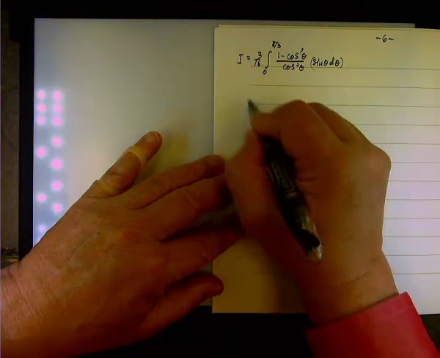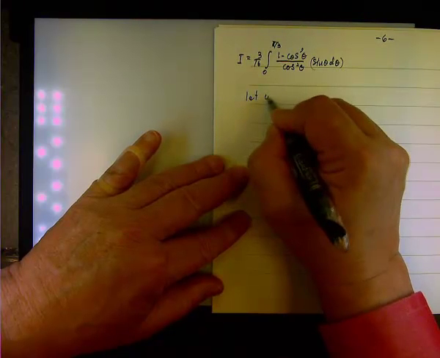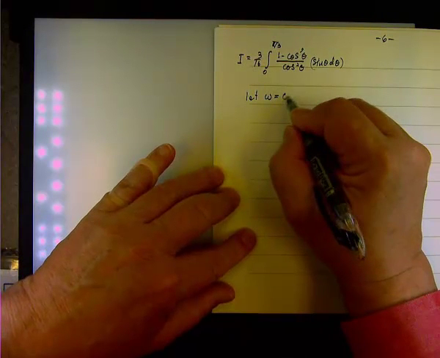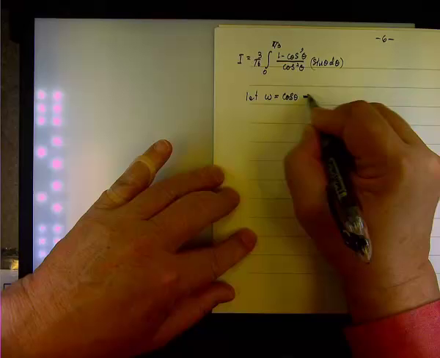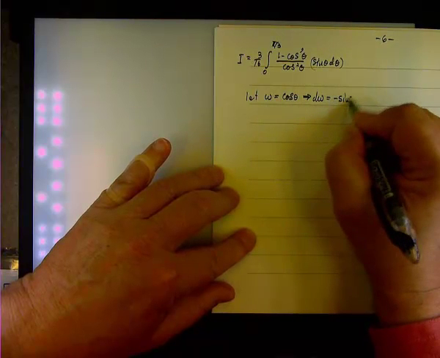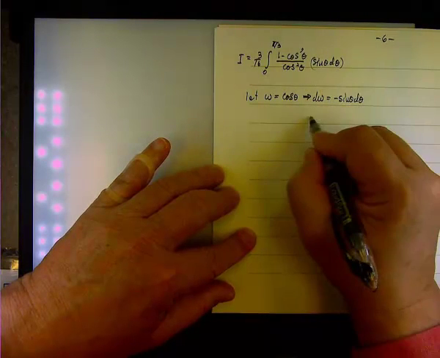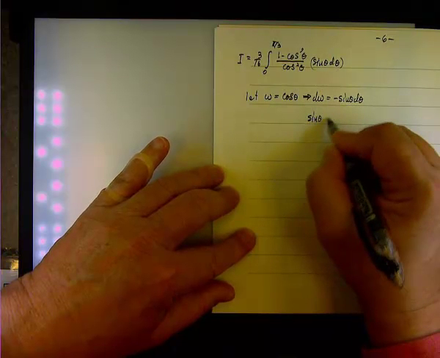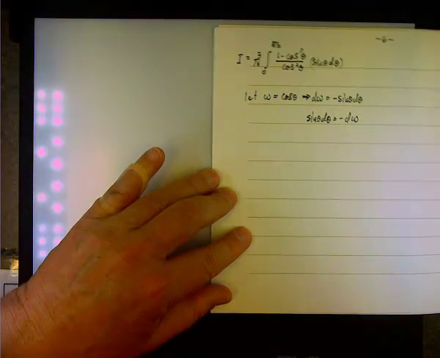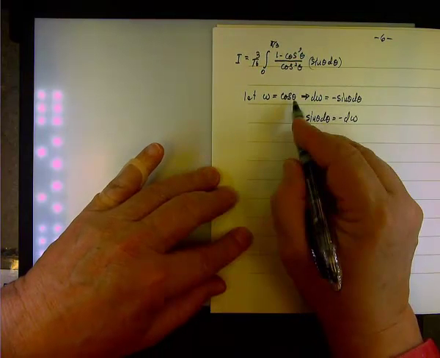Our substitution, we let w, since we are running out of alphabet letters, equal cosine theta, and therefore dw equals negative sine theta d theta. So sine theta d theta equals negative dw. Okay? Boundaries.